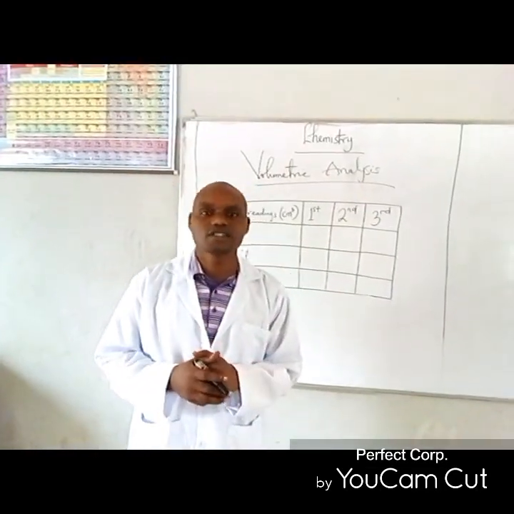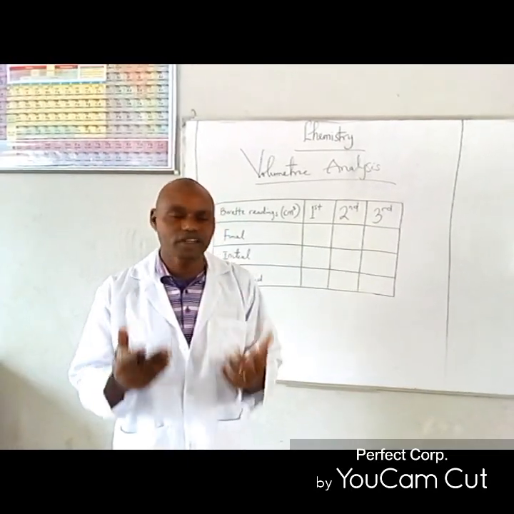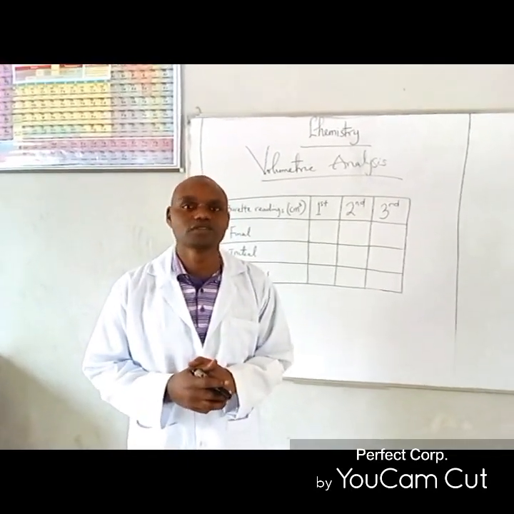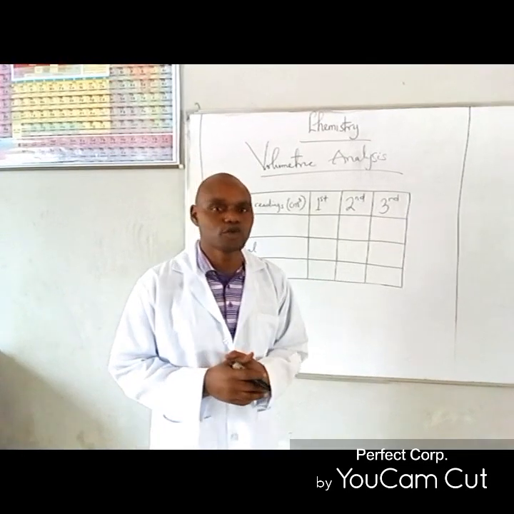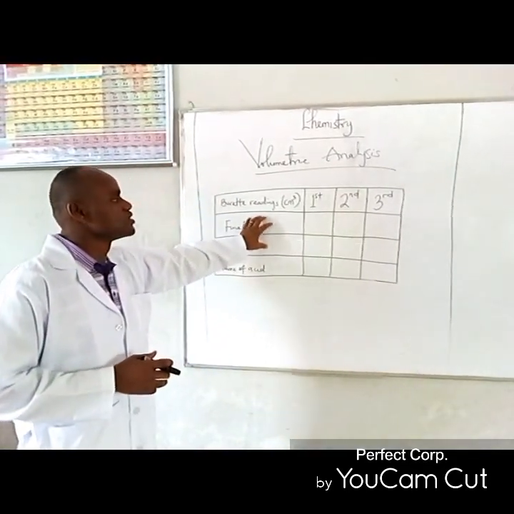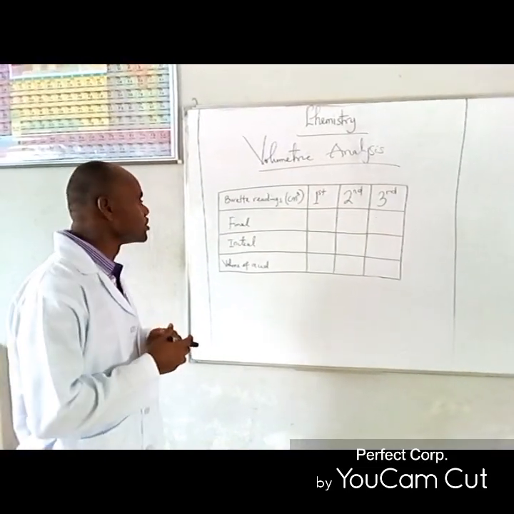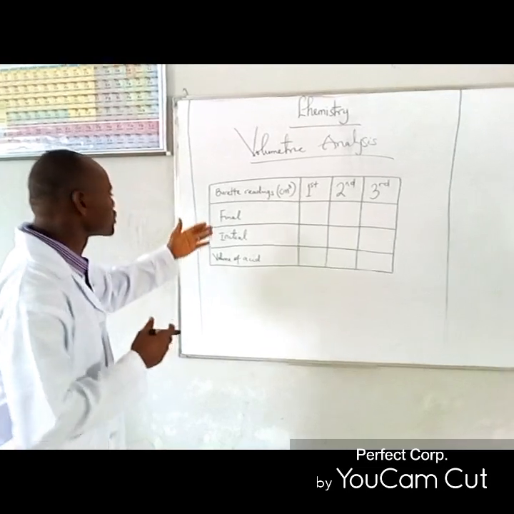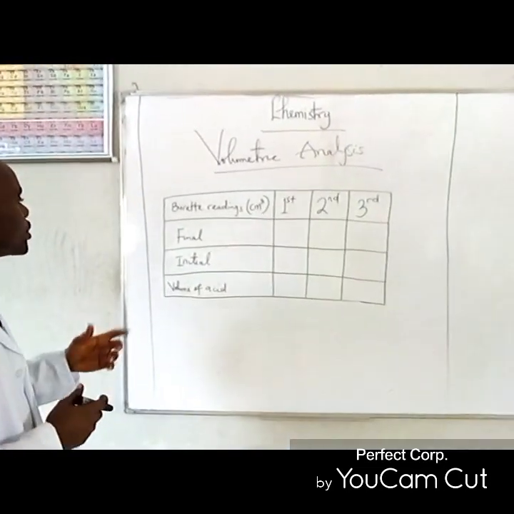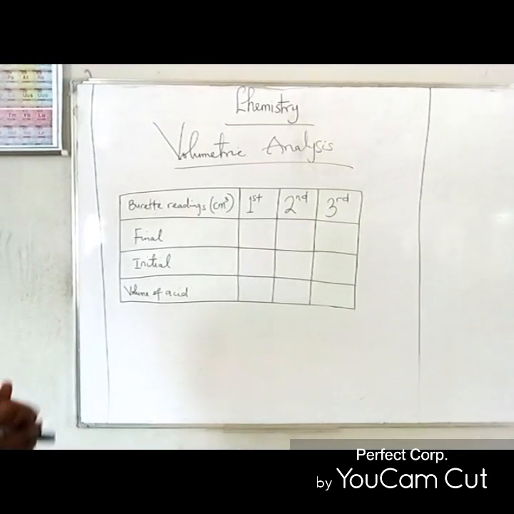Take note, as chemistry students, the first thing you need to do when you're carrying out acid-base titration is to tabulate the burette reading. It is very, very important. An example of what I'm saying is what you are seeing here on the board. We have the burette readings, which is in cubic centimeter.